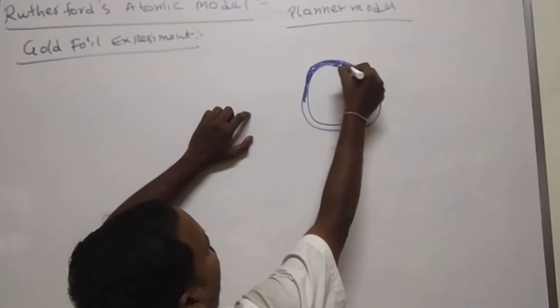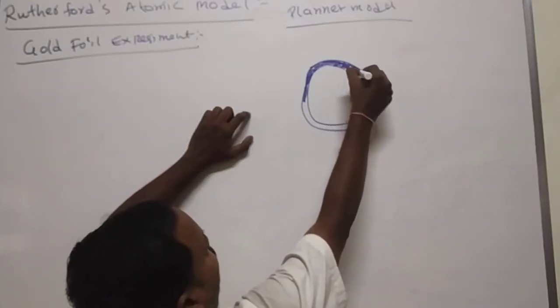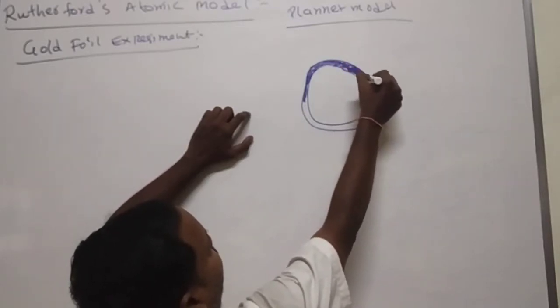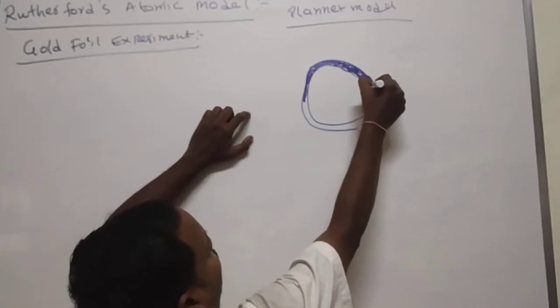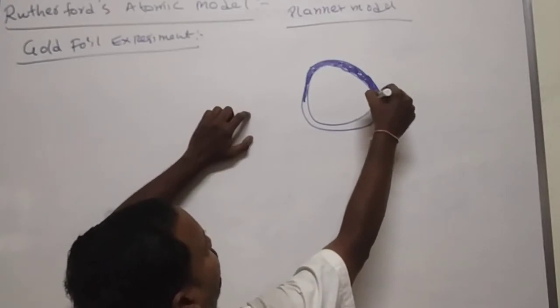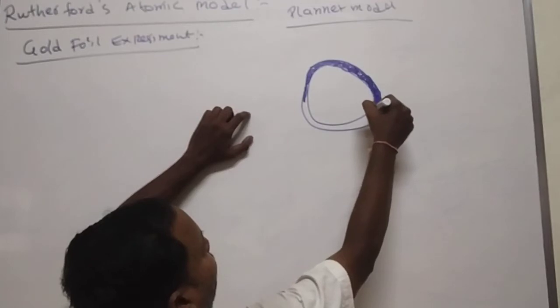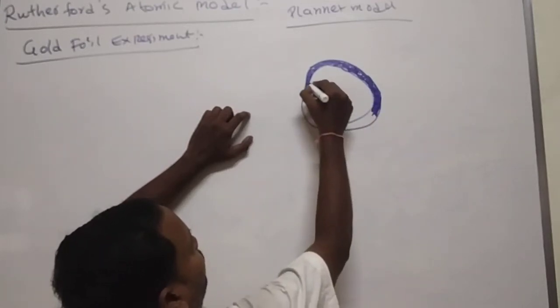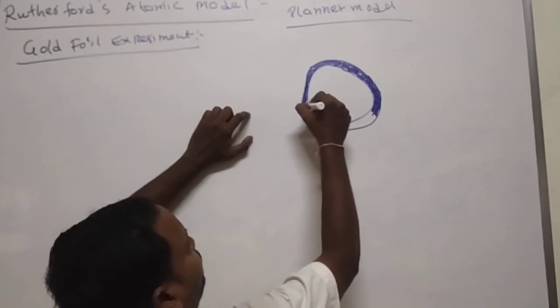This is the fluorescent material. It is prepared with zinc sulfide. What is the use of this fluorescent material? When any charged particle attacks it, it shows fluorescence. That means it shows brightness.